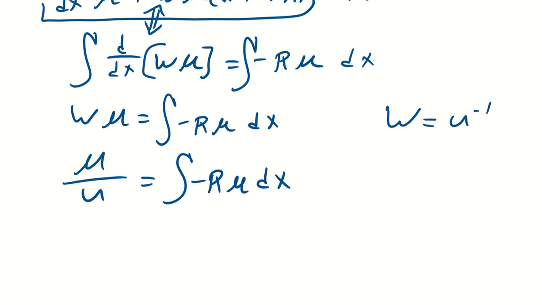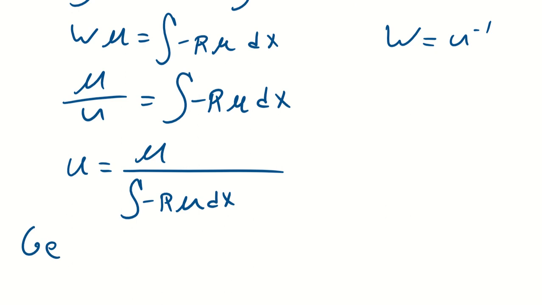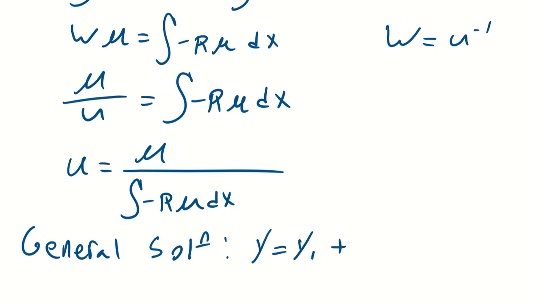And then we keep going to solve for u. So u, not mu, excuse me, u would equal mu over the indefinite integral of minus r mu dx. And so we have a general solution that y is equal to y₁ plus mu over this indefinite integral.